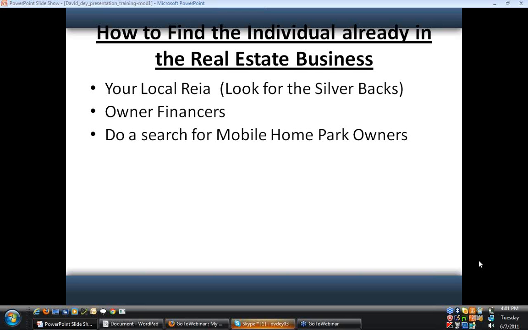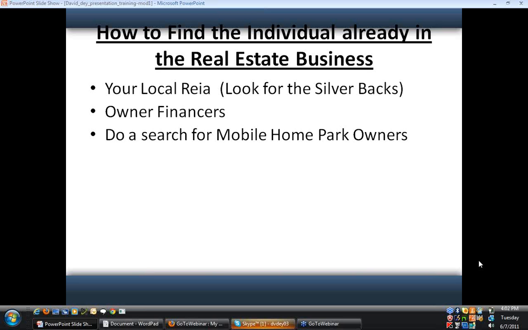But back to the mobile home park owners, the third reason why they make such great private lenders is because they understand creative financing. Mobile home parks, in and of themselves, tend to be resistant to institutional financing. Most banks don't want to lend on them.